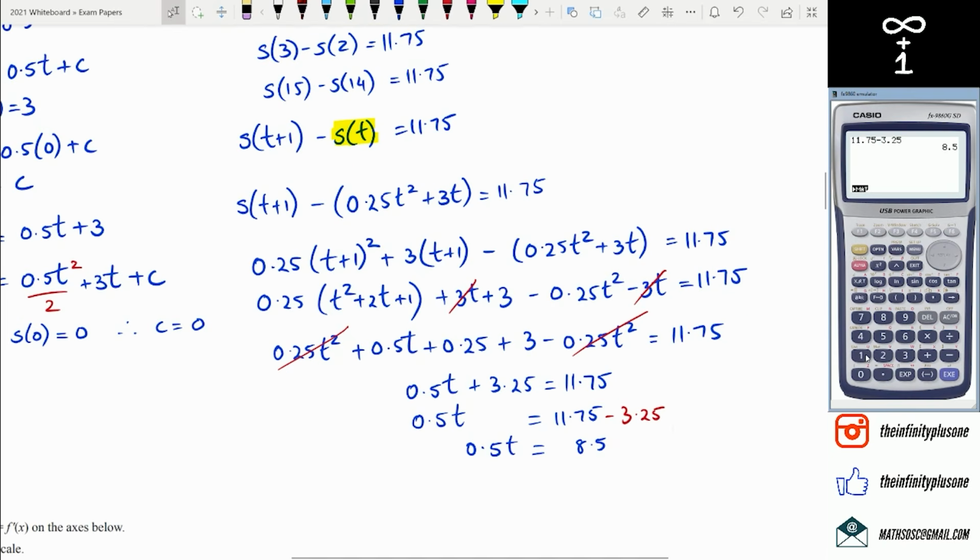And then t is equal to 8.5 divided by 0.5, which gives us t is equal to 17.